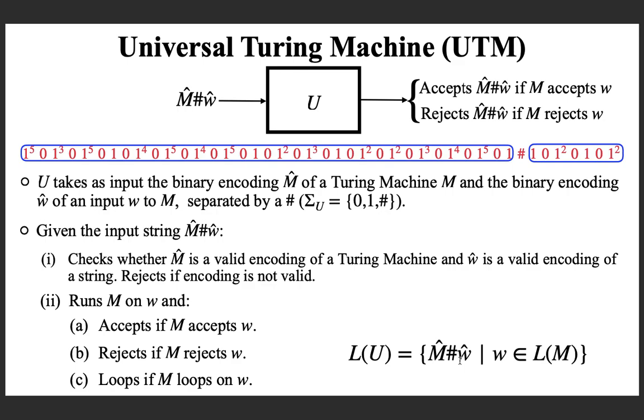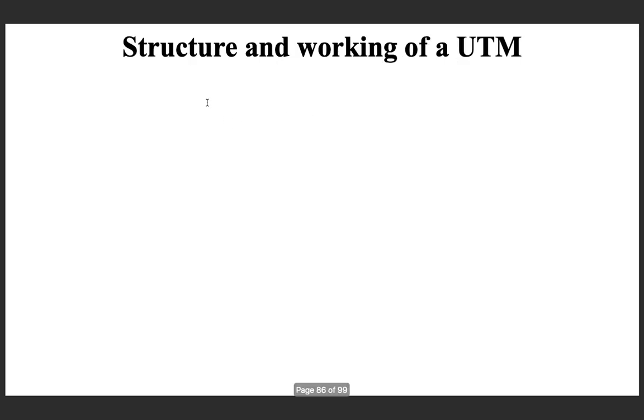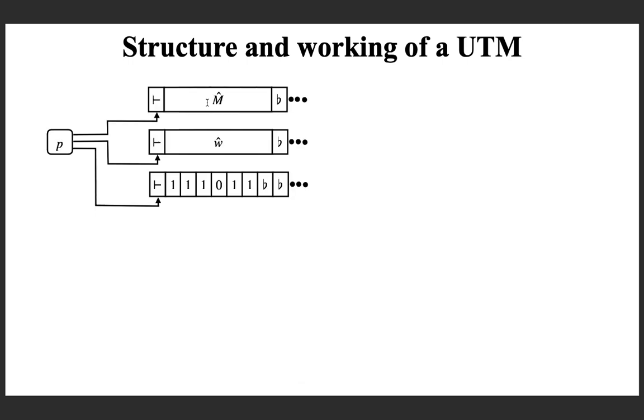Now it remains for us to check what is the structure of a universal Turing machine and how it can run another Turing machine on its input. This is the basic structure of a universal Turing machine. It is a 3-tape Turing machine.